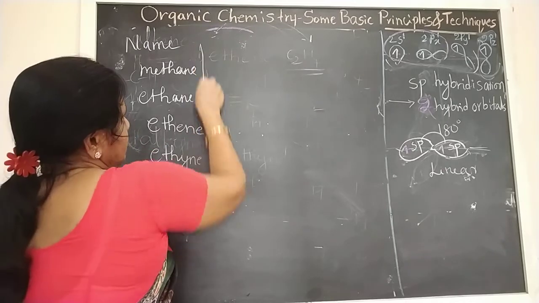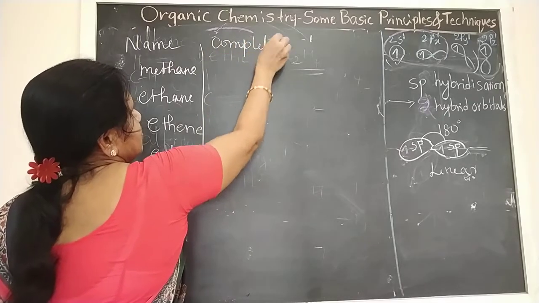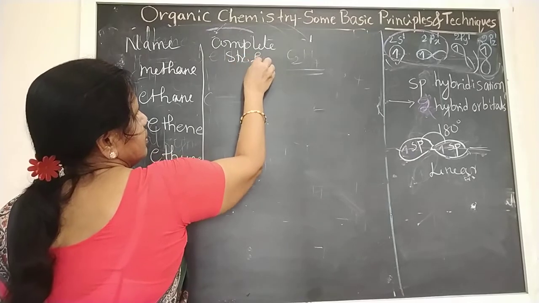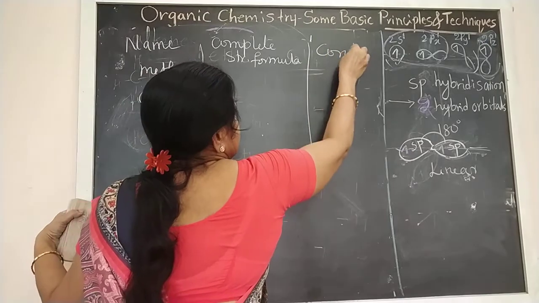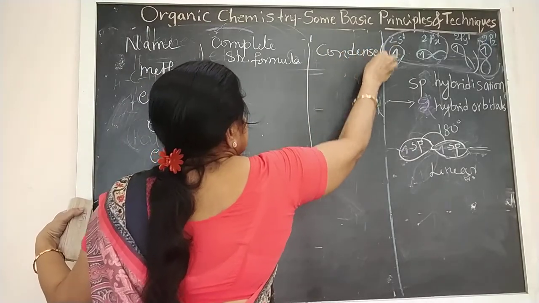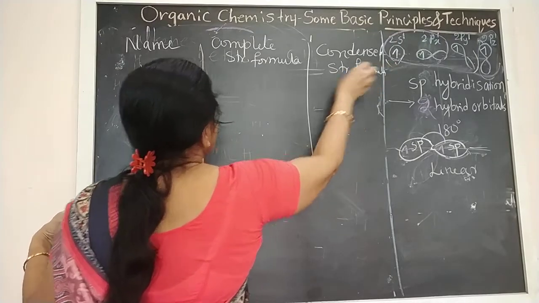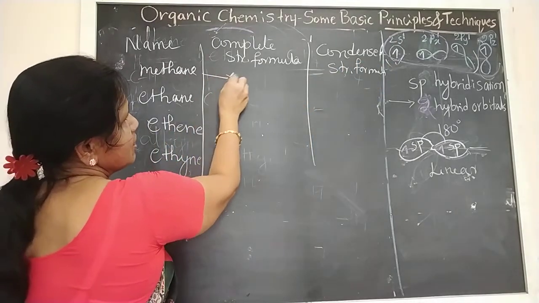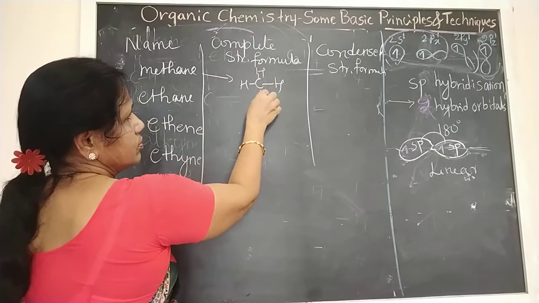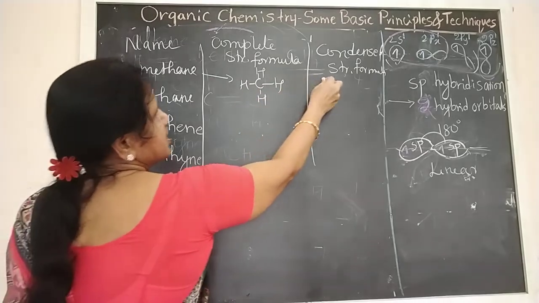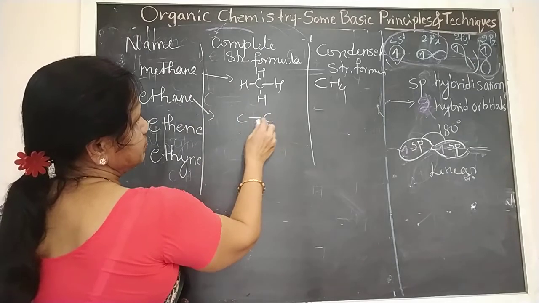Write the complete structural formula and condensed structural formula. For methane, in the complete formula all the hydrogens you should show. Condensed means CH4. Okay. Ethane, C-C.